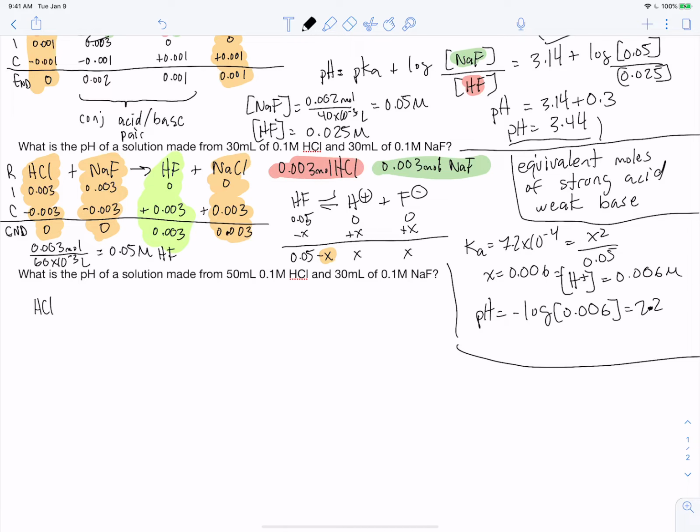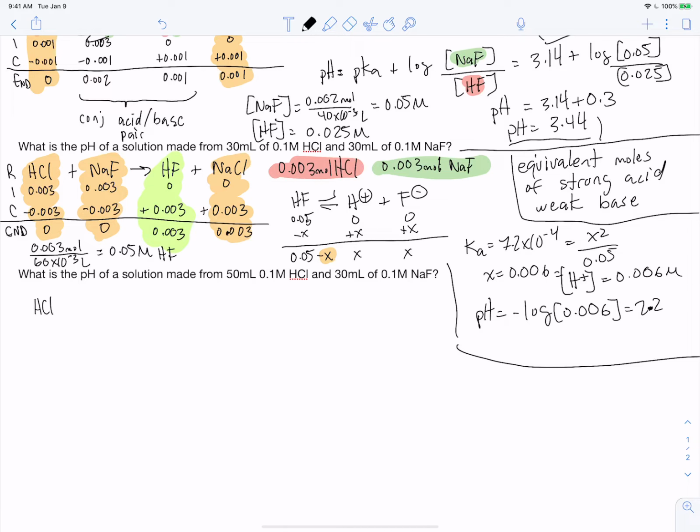Okay, so then we can run through this calculation pretty quickly. At the beginning, we have 0.005 moles of HCl, and we have 0.003 moles of NaF. We have no HF, we have no NaCl.